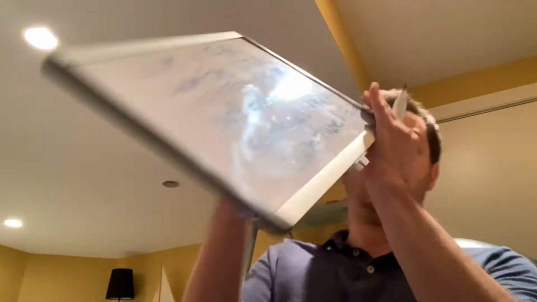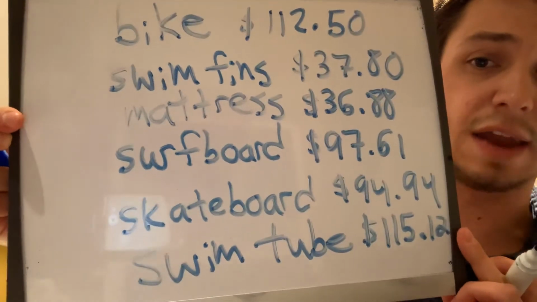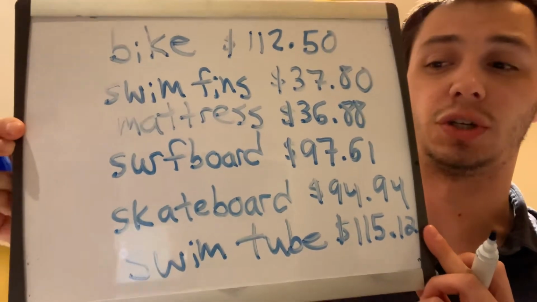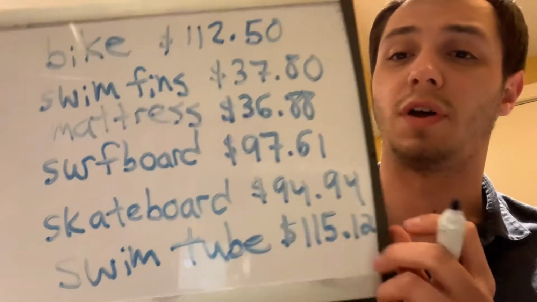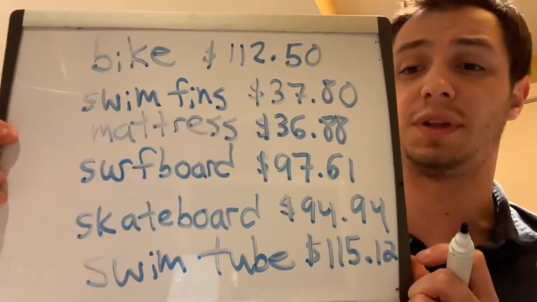The swim tube costs $115.12, and the skateboard costs $94.94. So these are all of the items that they give you in the textbook and all of their prices. I have also added a picture that shows the image with all the items and all their prices. So you'll need this when answering the questions.